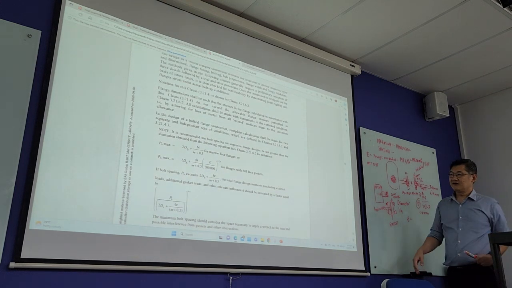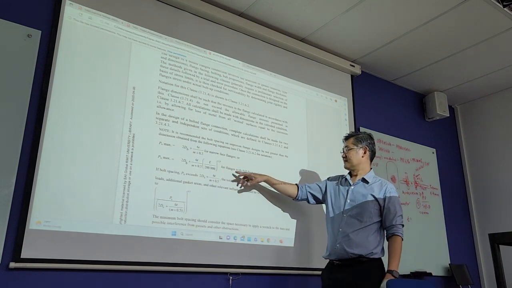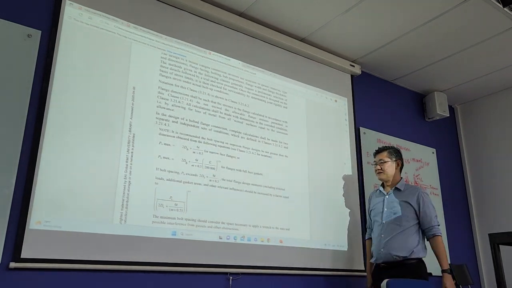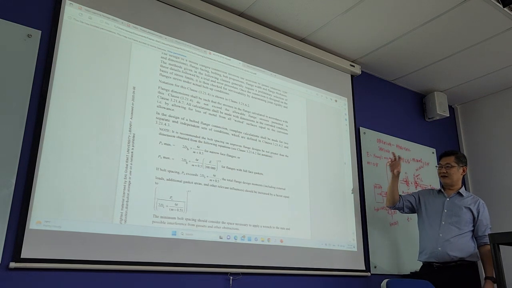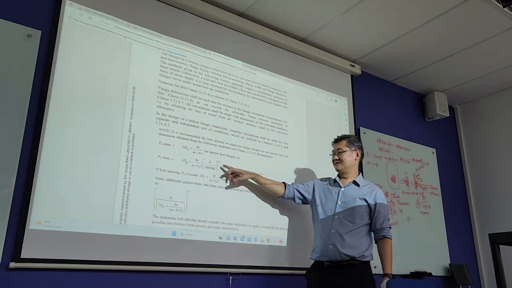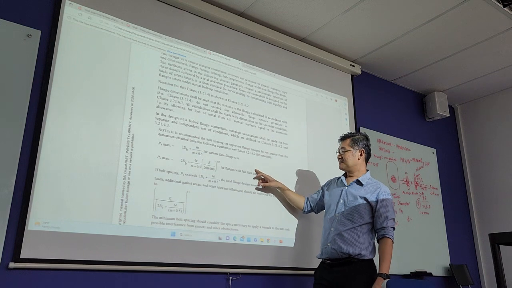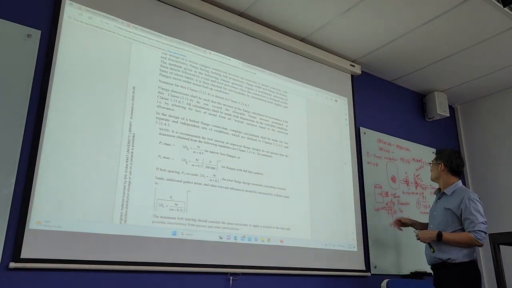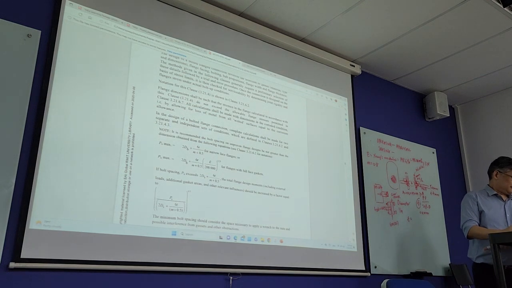once you find out this, the maximum distance, you want to find out the flange that is lower than this. This is the maximum distance between the spacers.